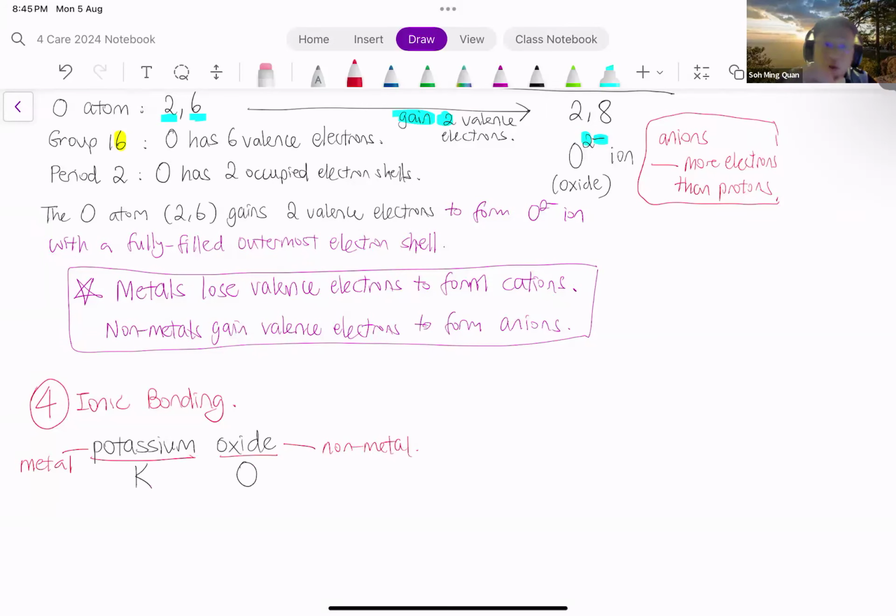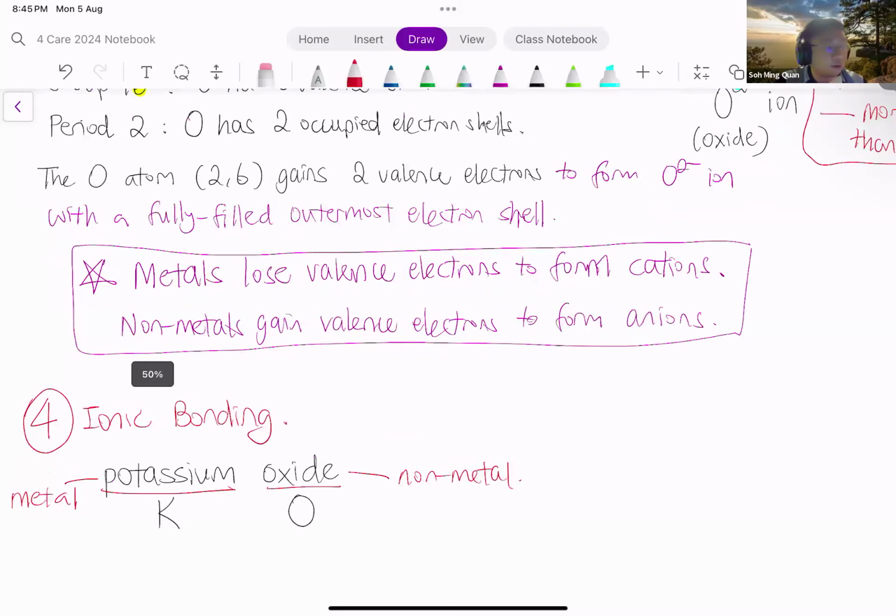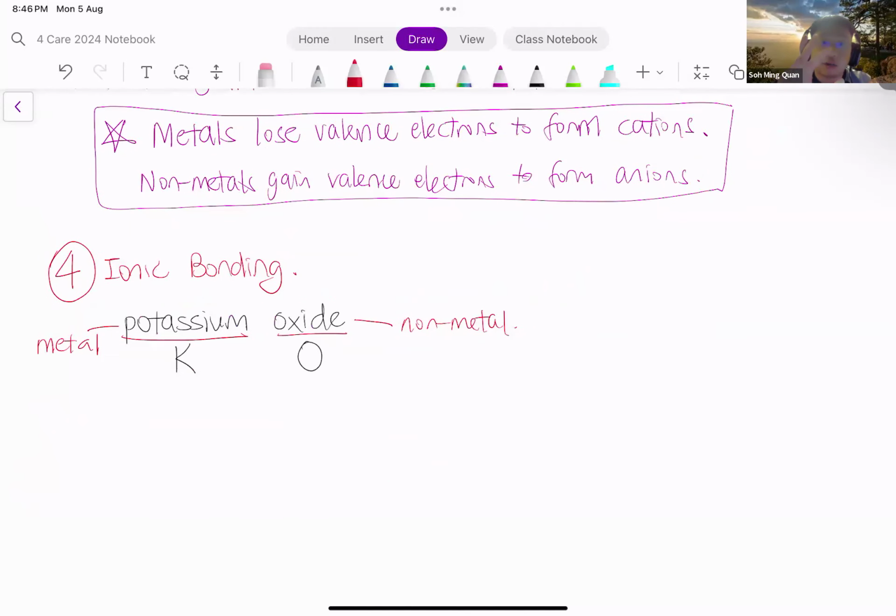If you look at the purple box on top, we just said metals lose valence electrons to form cations. Non-metals gain valence electrons to form anions. Therefore, when you see a metal and a non-metal in the same compound, it's ionic. And if it's ionic, you need to think about charge. So now we can look at this.